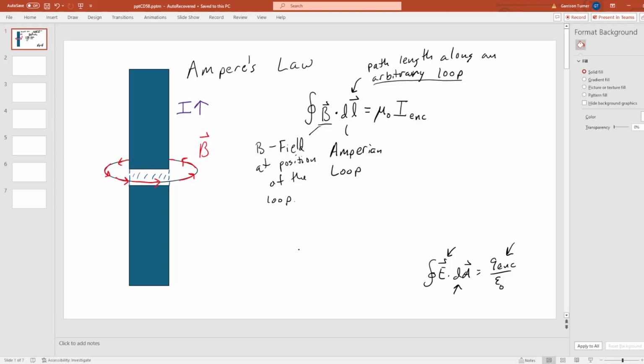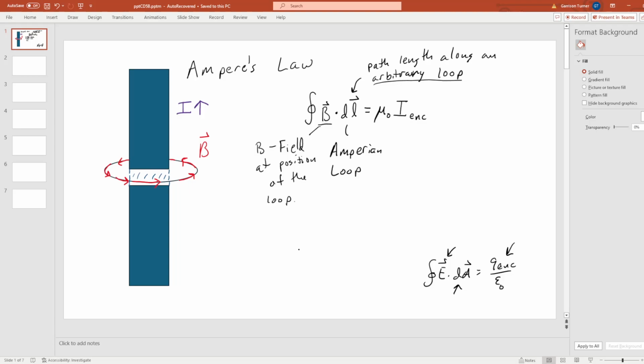Once again, to actually do a meaningful calculation, it takes a high degree of symmetry. So we're going to restrict ourselves to the most basic symmetric situations.